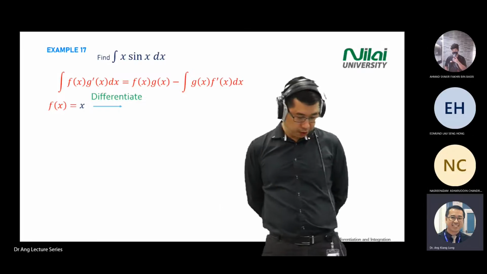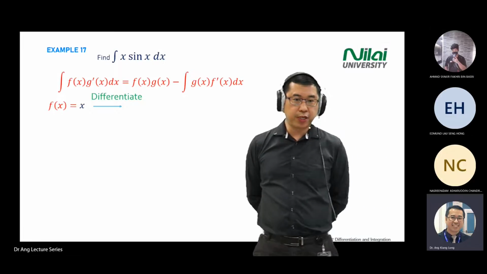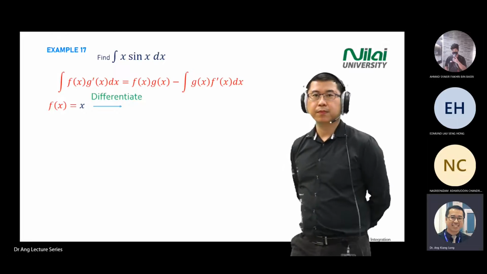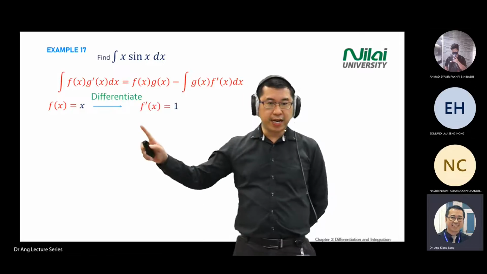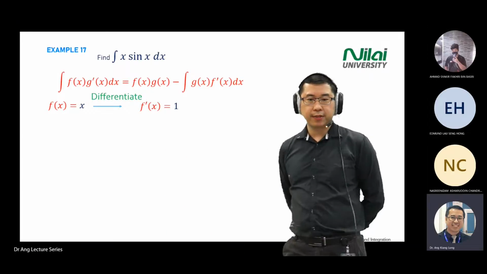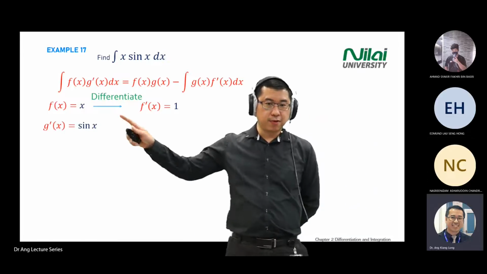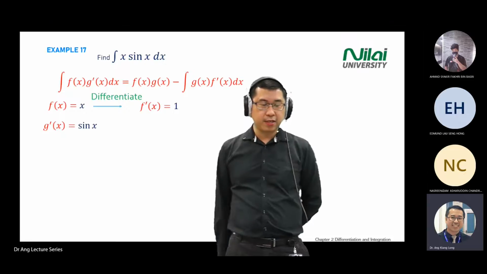What is the answer when you differentiate x? 1. Okay, 1. So you write f comma x equal 1. Then you know just now from Edmund's answer, g comma x equal to sine x.